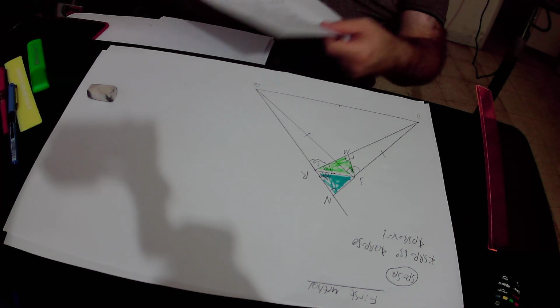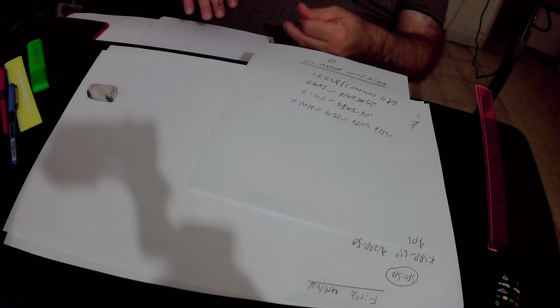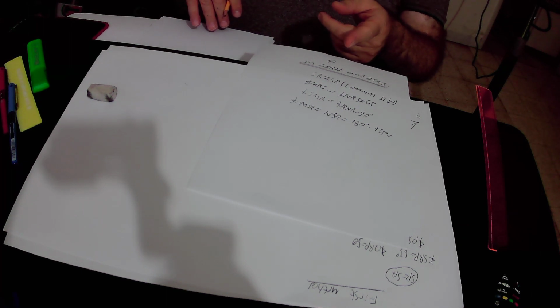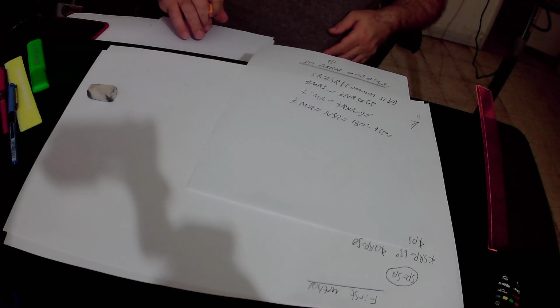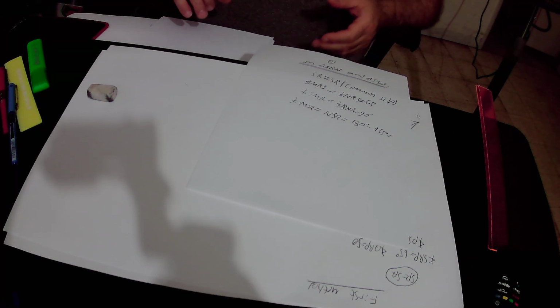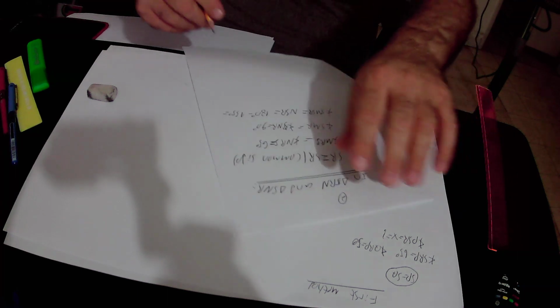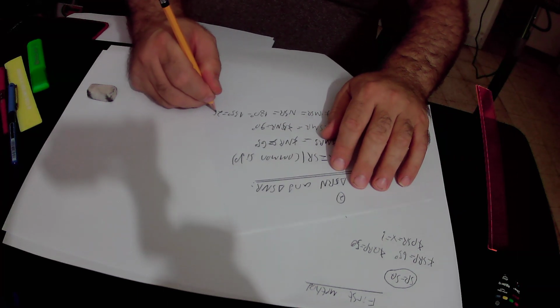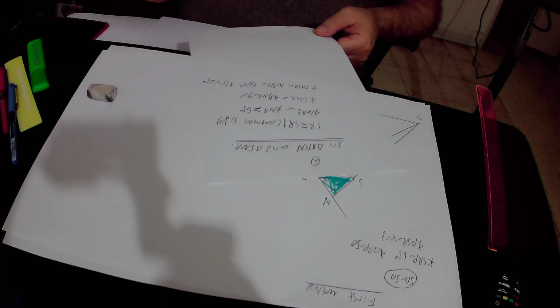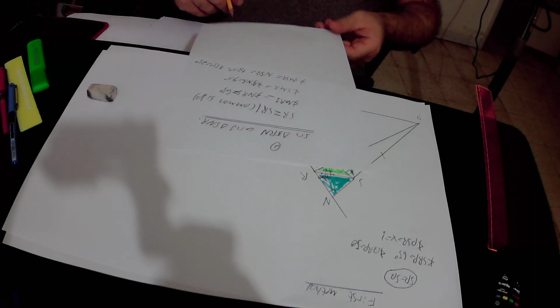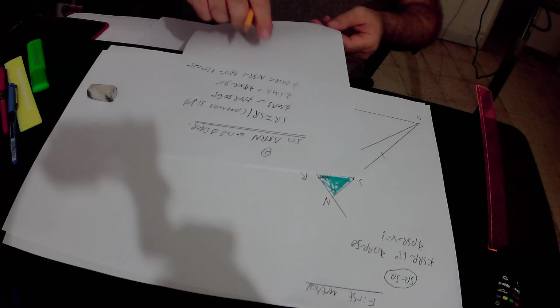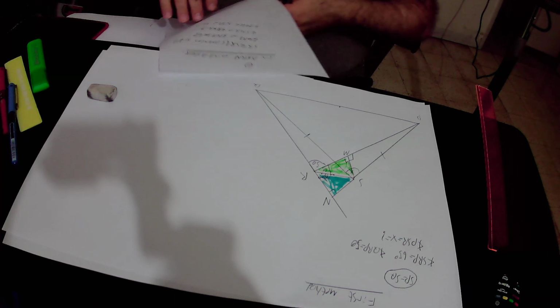Again, the third angle, angle MSR in the green triangle and angle NSR in the blue triangle, must be equal to 180 degrees minus 155 degrees. That is actually 25 degrees. Okay? So what is important here is that those two angles are equal to each other.